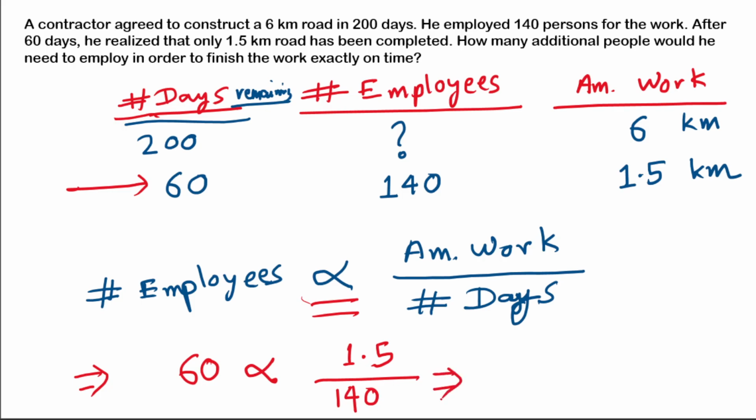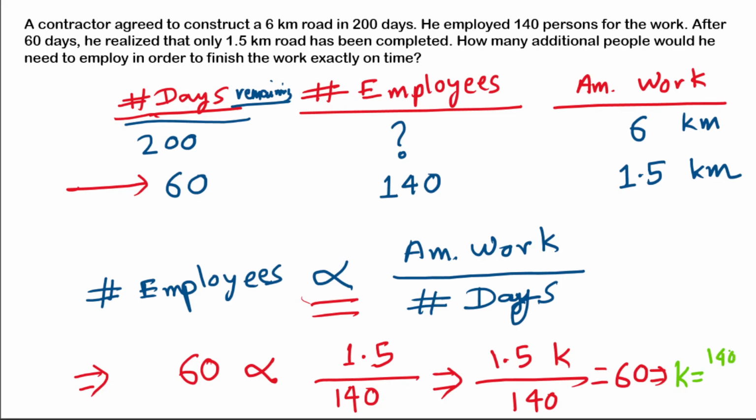So here we can write that 1.5k by 140 is going to be 60.